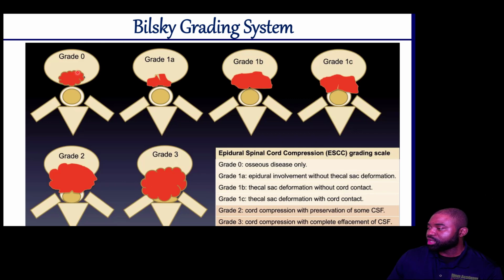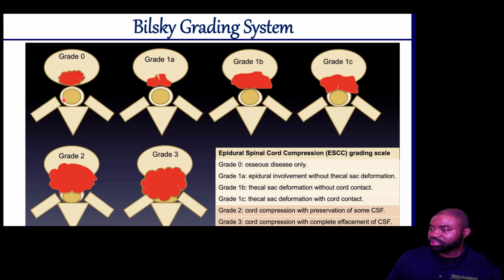Now, for grade 1, only the bone is affected. It's simply a bony disease, and only the vertebral body is affected. This is a really great candidate for SRS. For grade 1A, we have a little bit of epidural impingement without deformation of the thecal sac.